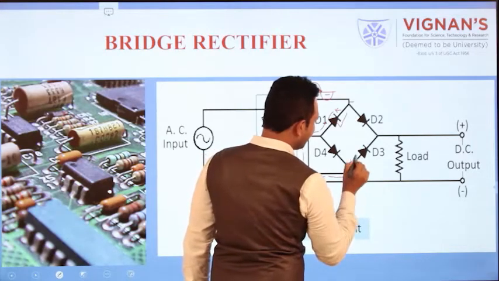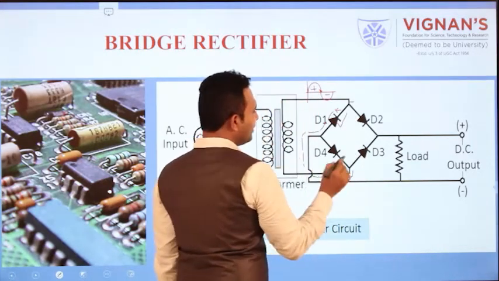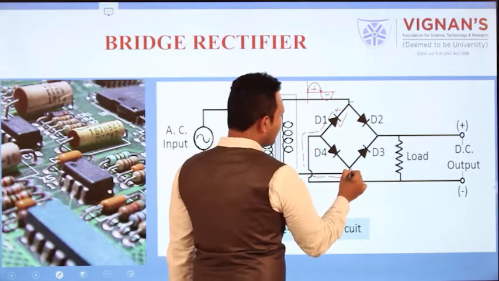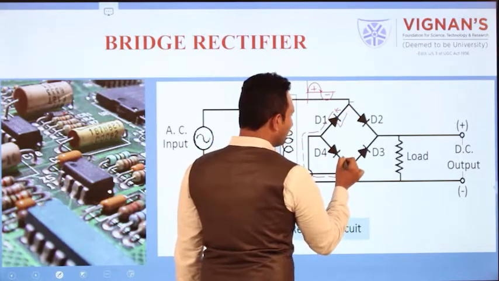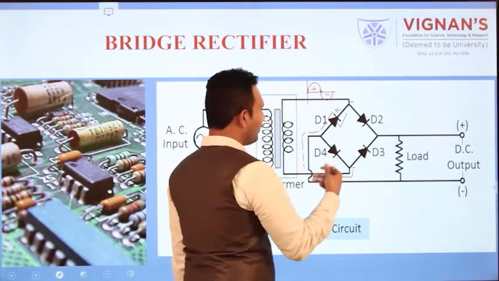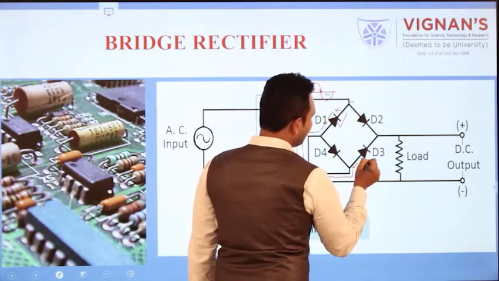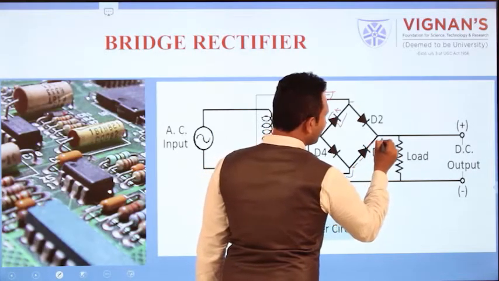Current is coming here to here, and negative is coming here. So which diode is going to work? Again diode D3 is working.